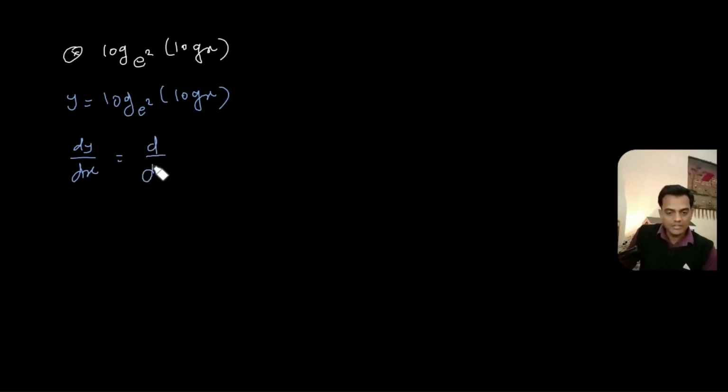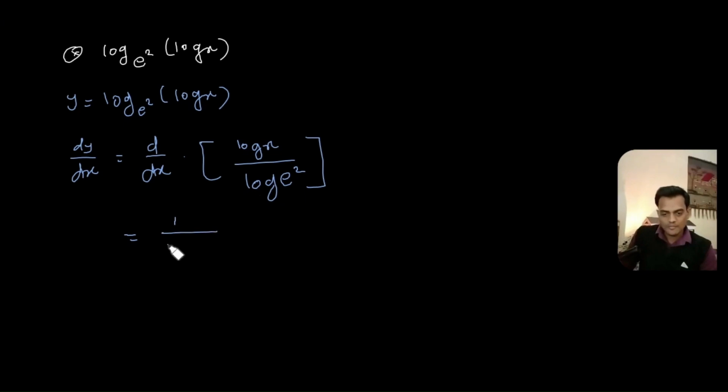So dy by dx is equal to, then we can arrange this expression as log of x divided by log of e square. Then we have to calculate the derivative. Log of e square is a constant, so we can take this out.